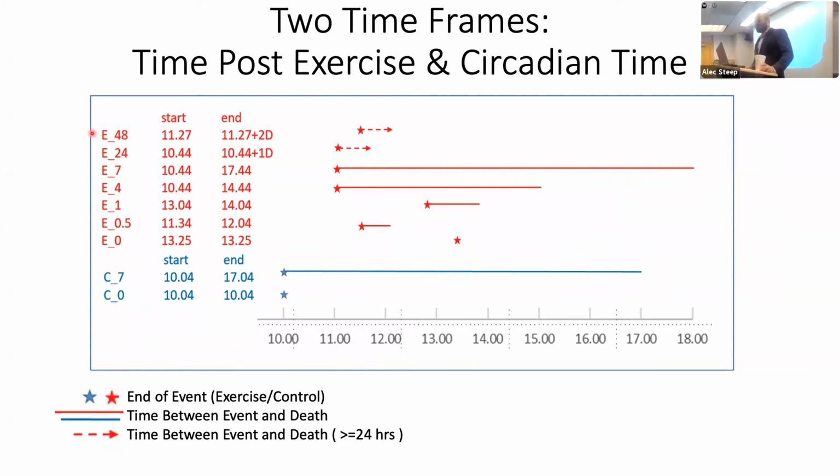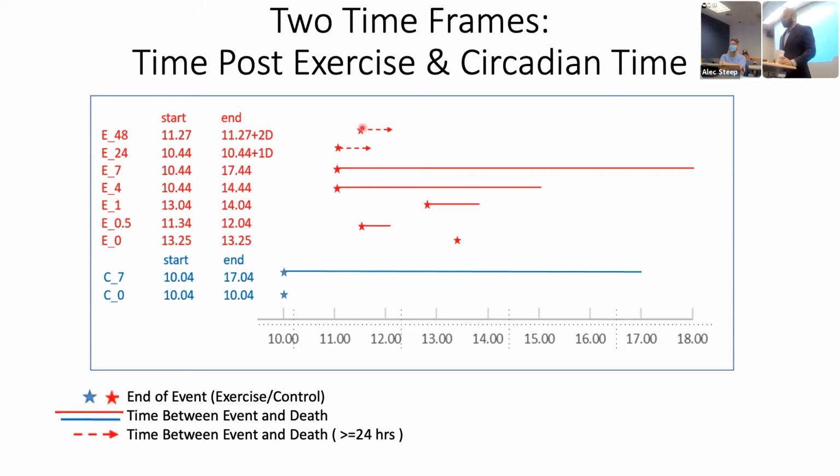In red, we have our samples that underwent exercise. They're in decreasing order from 48 to 24, all the way to 0 hours post-exercise. In blue, we have our control samples, again in decreasing order, 7 to 0 hour. We'll see two columns, start and end. Start represents the end of the exercise bout, and end represents that time between exercise and sacrifice.